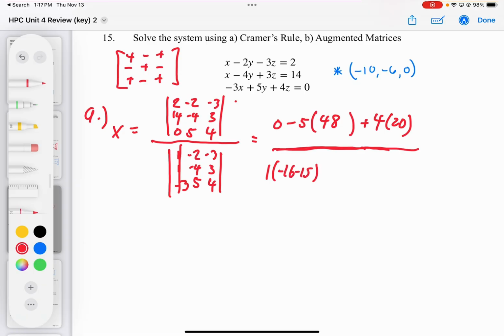Thanks, Gideon. Oh shoot, I left that subtraction sign there. -16 minus 15, I'm just going to write it. -31, right? Okay. All right, minus 1 times, we got to do the next one, which would be here and here. So then -8 plus 15. -8 plus 15 is going to give me 7.